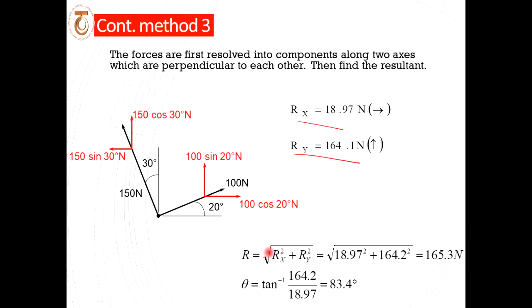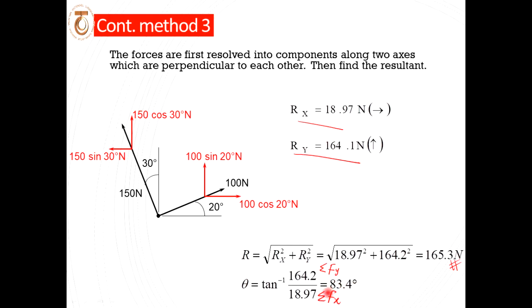When you solve this equation, you will get the resultant force of 165.3 Newton, and then theta is tan negative 1 of Fy over Fx.